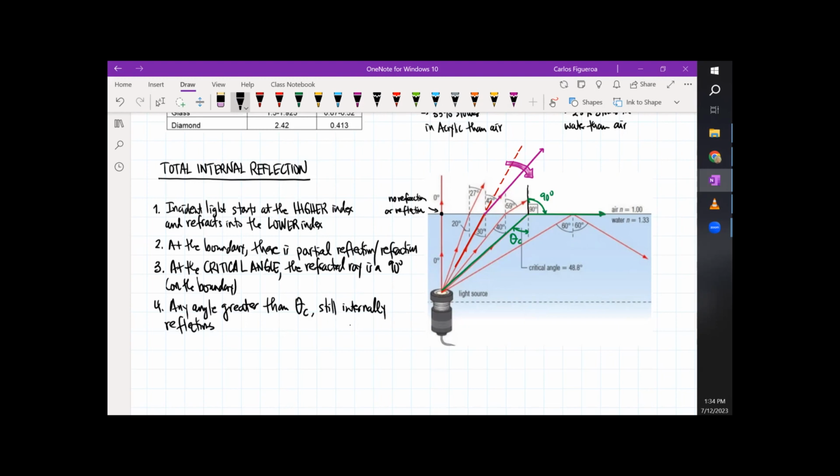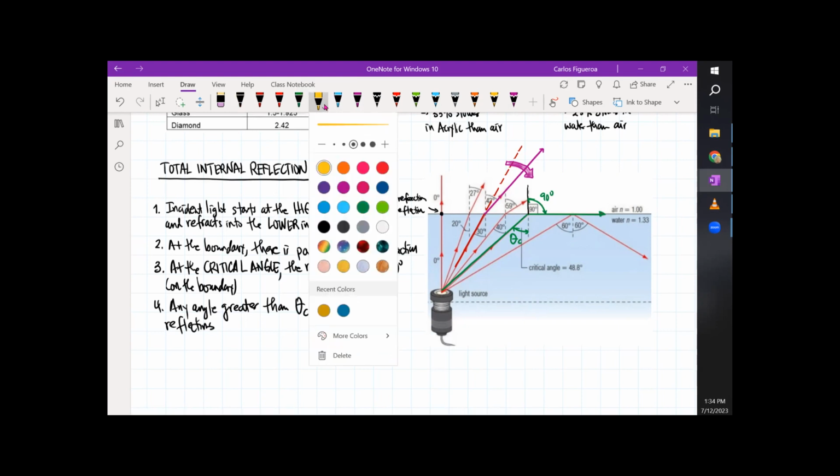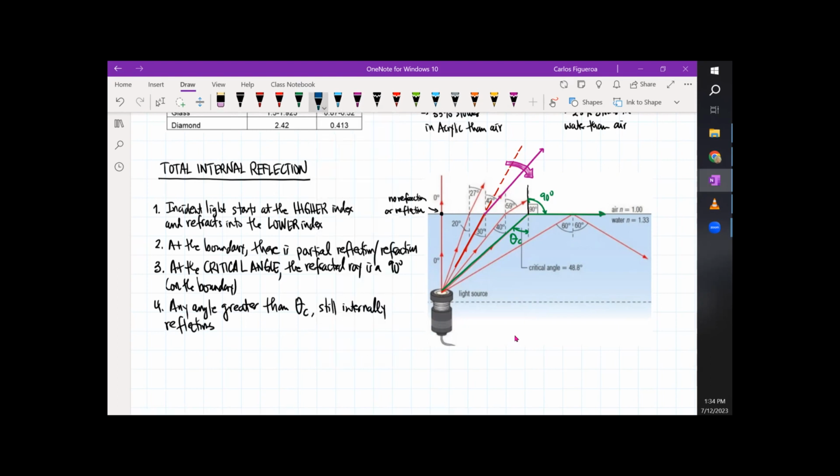So if I pick another ray here, let's look at a different colored ray. How about if I pick this blue right here? What you're seeing here is that this guy's coming in here. Try that one more time.